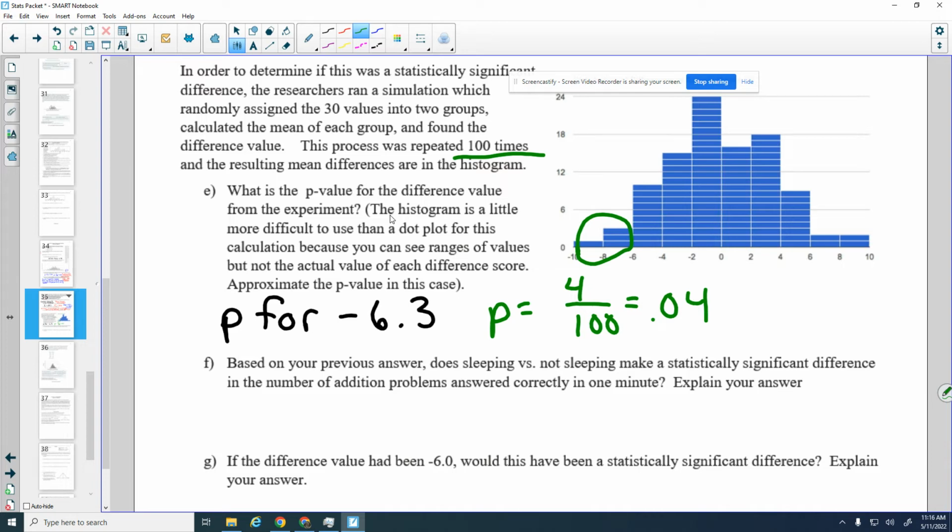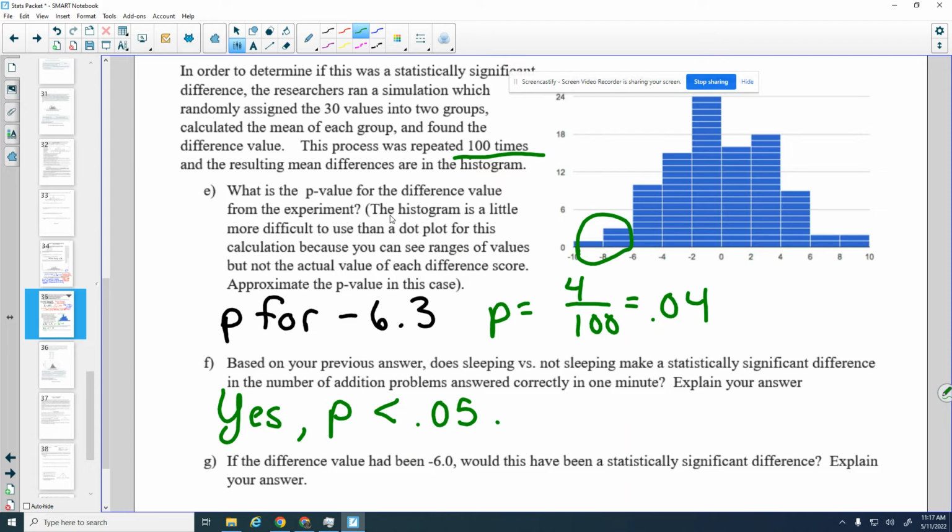Based on your previous answer, does sleeping versus not sleeping make a statistically significant difference in the number of addition problems answered correctly in 1 minute? So we can say yes, and we can simply say the p-value is less than 0.05. Okay, so it is a statistically significant difference.